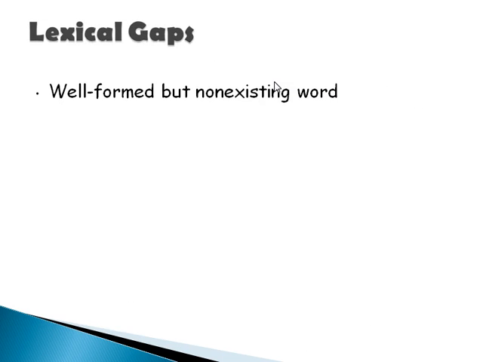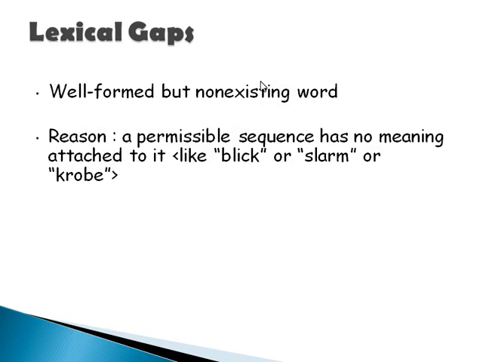When you can form the word because the rule is there, it's well formed, but non-existent. The reason is that there is a permissible sequence that has no meaning attached to it, like, for example, blick or slarm or crope. Like blink and lick, but there's no meaning for that.